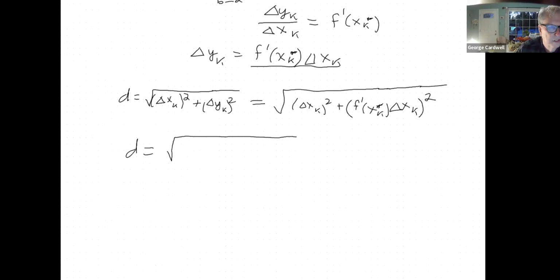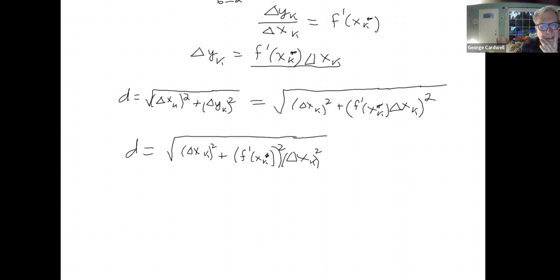Delta xk squared plus, now I've got two things multiplied and they're squared, so that means I can square the first thing, f prime of xk star squared times delta xk squared. I'll put parentheses around it. Okay.